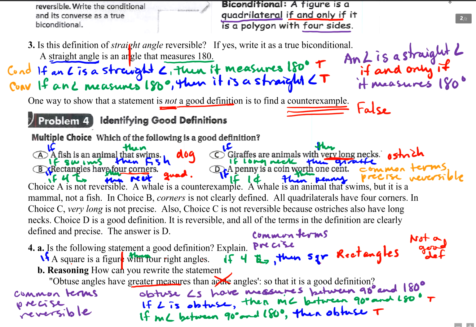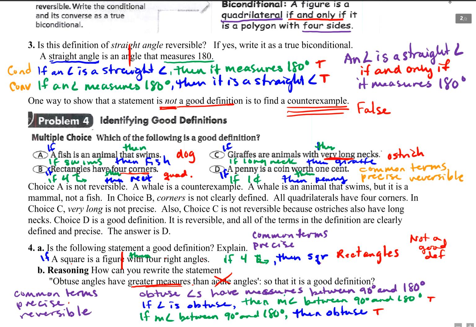How about precise? Greater measures is not precise, and comparing it to acute angles is another word that we can define. We want already defined information instead of defining it using something else. So we need to make it more precise.